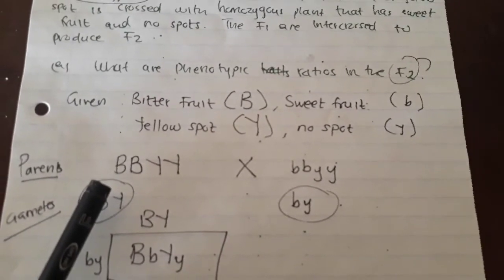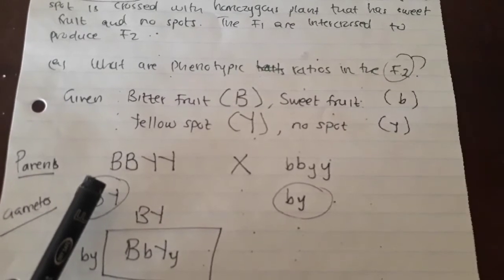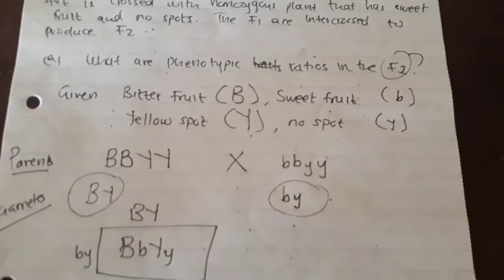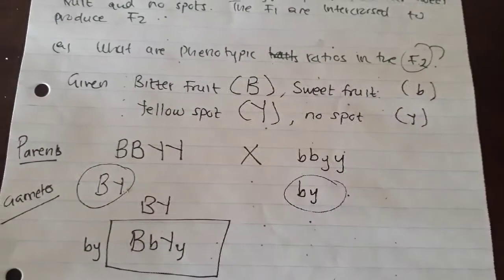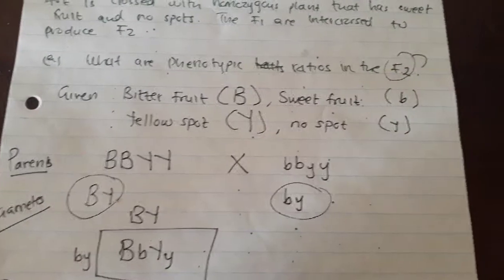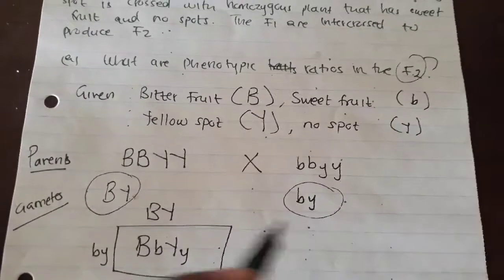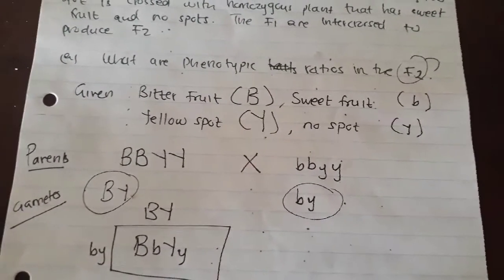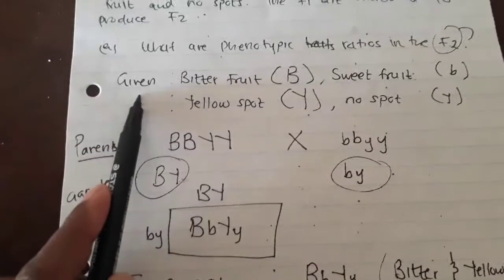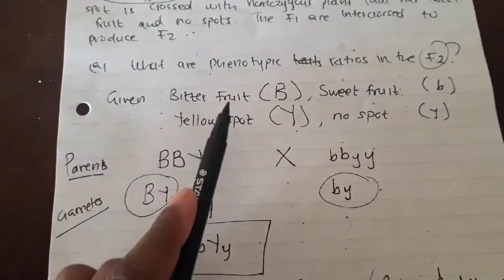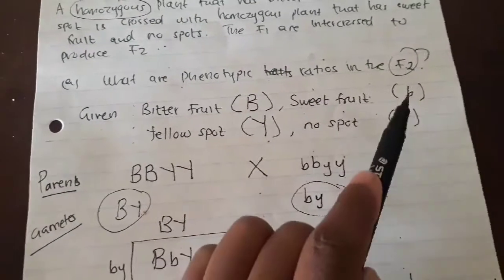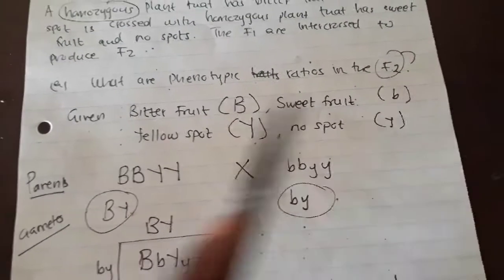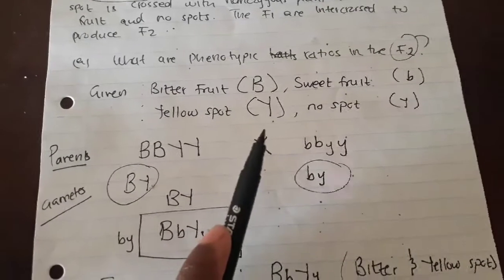So let's check what we are given. We are given bitter fruit, sweet fruit, yellow spot and no spot. Okay, so let's start off by crossing the parents. We're told that a homozygous bitter fruit and yellow spot parent crosses with the homozygous sweet fruit no spot parent.